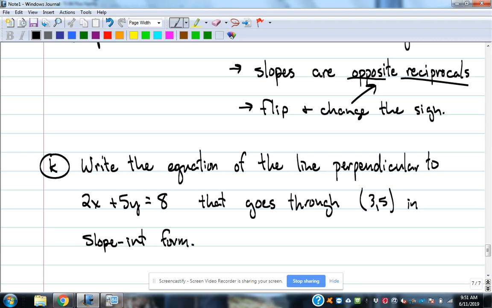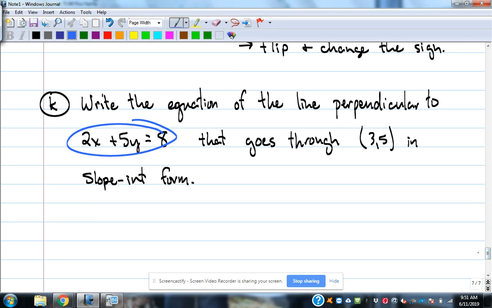All right, so first thing we need to do is take the equation that they gave us and get the slope off of it, so that we can flip it and change the sign. So I'm going to get that equation, 2x plus 5y equals 8, and get y by itself because that makes it easy to find the slope.